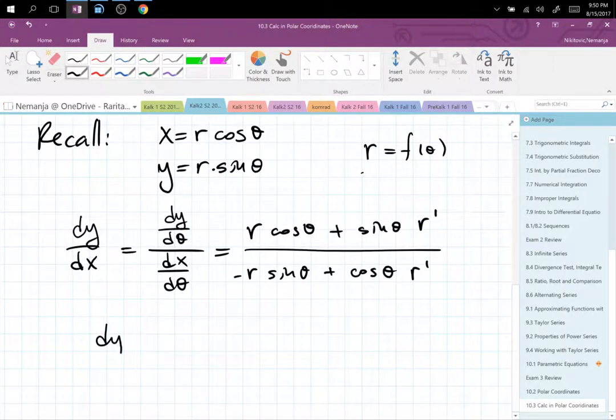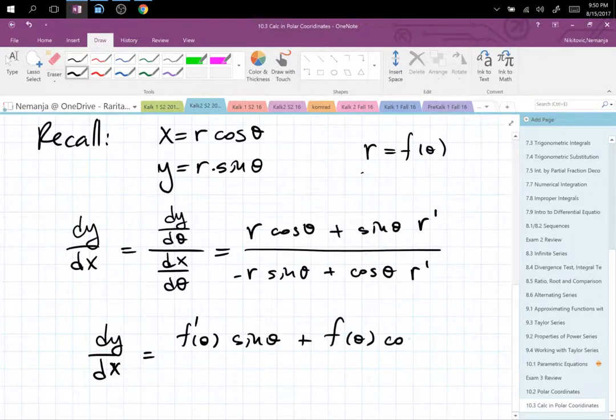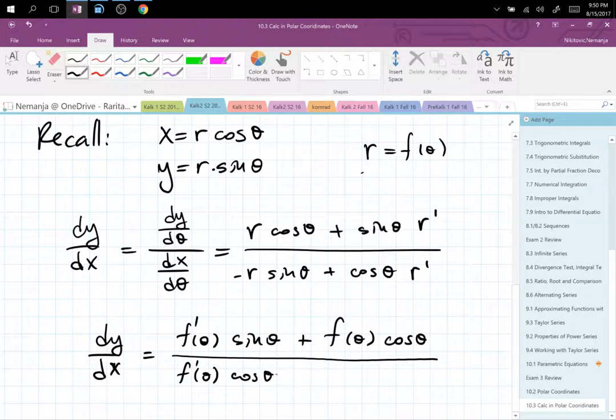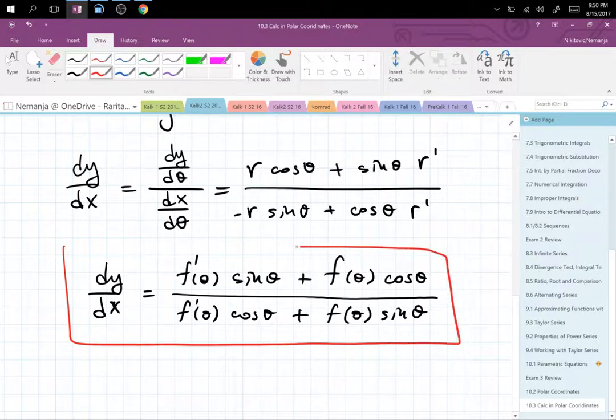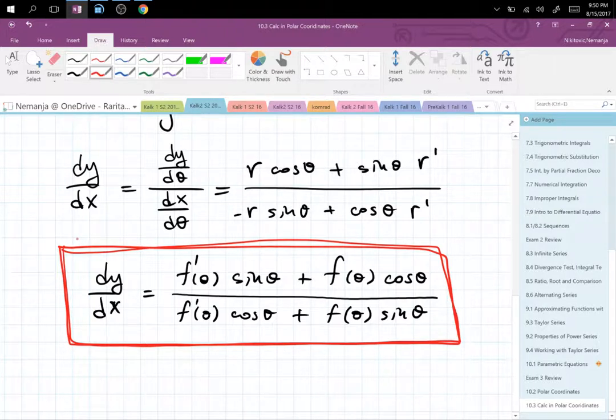So finally, to derive this dy/dx, we are going to say r prime is f prime of theta times sine theta plus f of theta cosine theta, divided by f prime of theta cosine theta plus f of theta sine theta. This is the formula to take the derivative when you are given a polar graph.